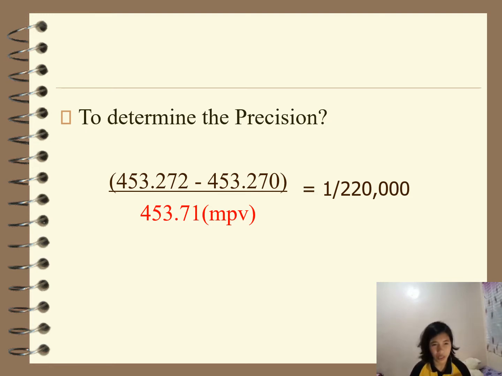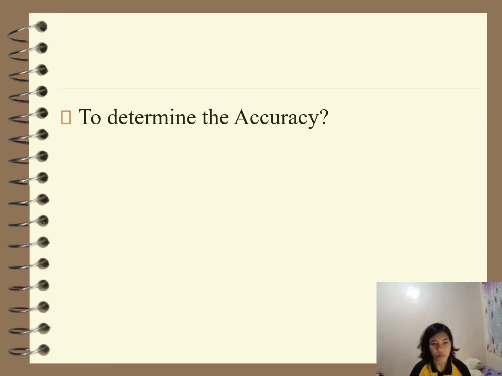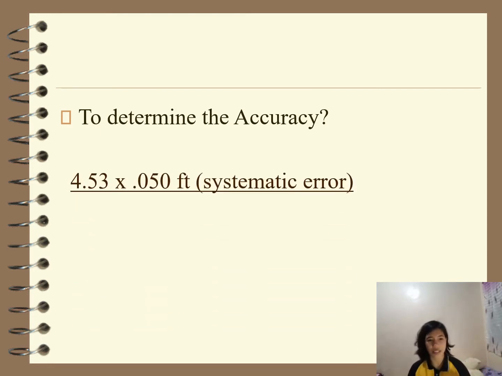So, how can we say that the measurement made is accurate? When we say accurate, yung distance niya from the target, o yung ating true value, is very near. So, to determine the accuracy of the measurement, pwede natin gamitin this formula: 0.453, yung ating value na measured, times 0.050, that is the error we commit, yung ating systematic error ng tape, over yung ating MPV.